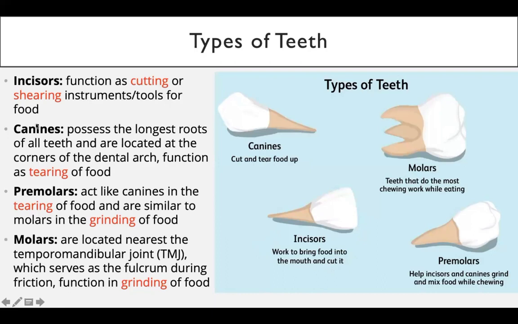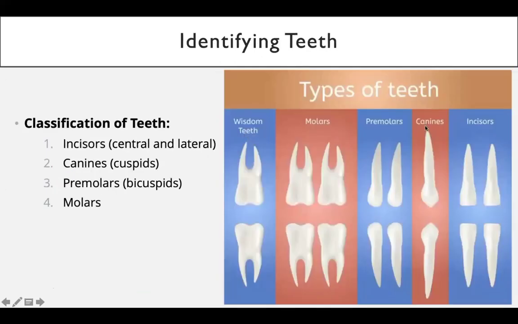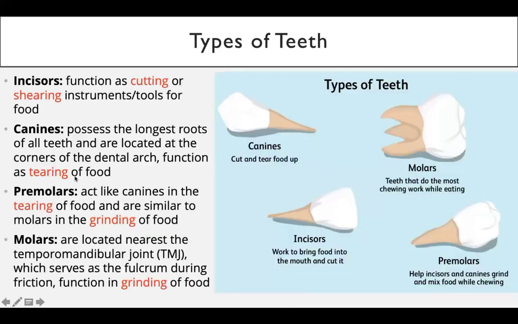Okay, we understand that. Canines also cut and tear food, but mostly tear. Canines possess the longest roots. They have the longest root of all teeth, and are located at the corners of the dental arch.